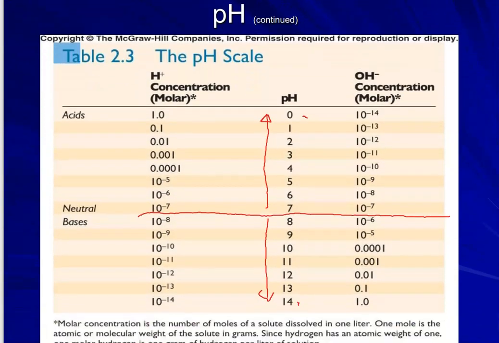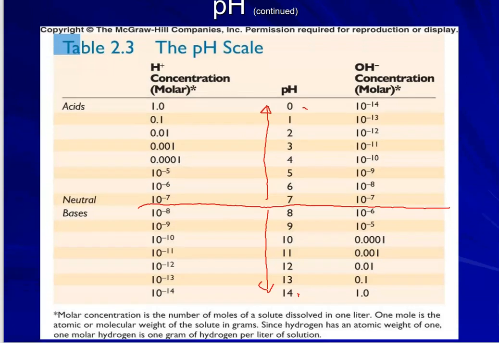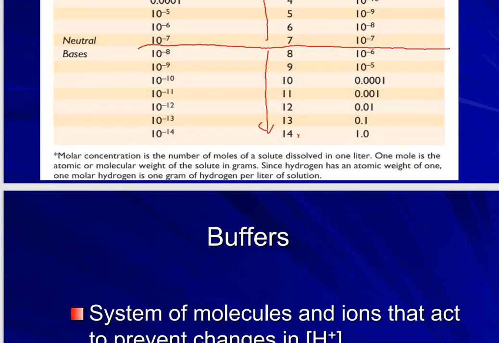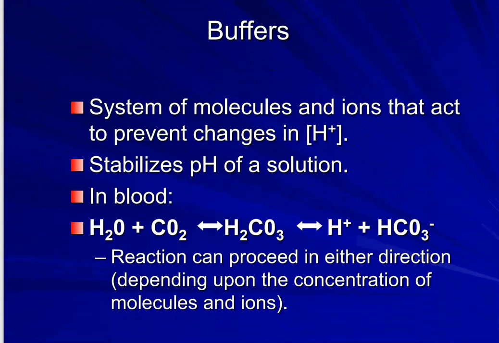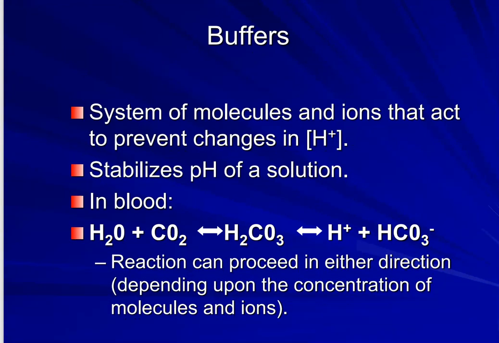So right here, as far as physiology is concerned, hydrochloric acid is in your stomach, and then we have a very, very important buffer system that you will hear many more times from me throughout this course. That is water plus CO2, which is a waste product of our metabolism, forms carbonic acid, and that dissociates into hydrogen ions and bicarbonate ions.